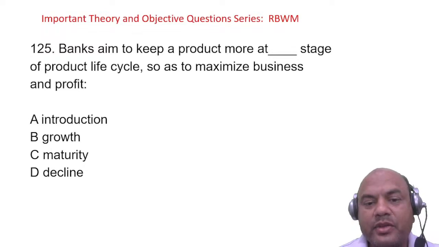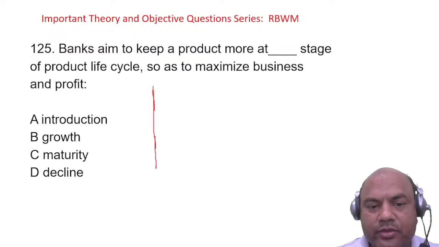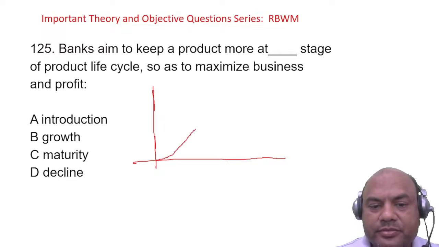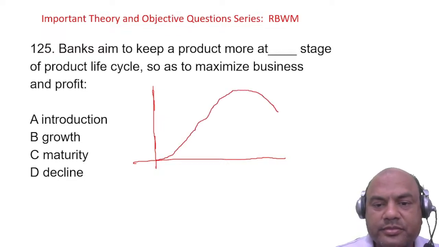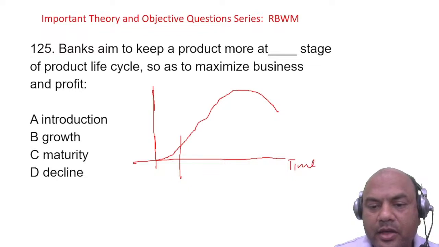I'll give you the simple logic of the PLC, product life cycle. Look at this, this is your graph, and the product life cycle moves like this. This is against time, and this is sales.